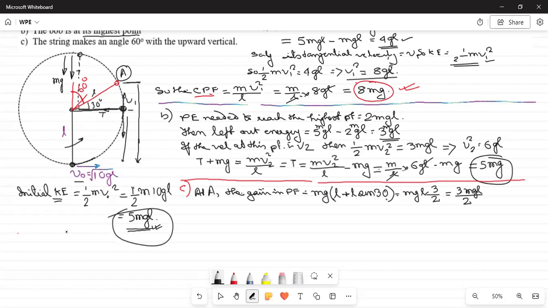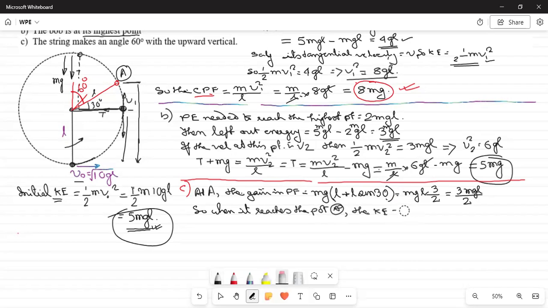Look, the first part of this problem is the same. So when it reaches the point A, the kinetic energy will be 5mgL.